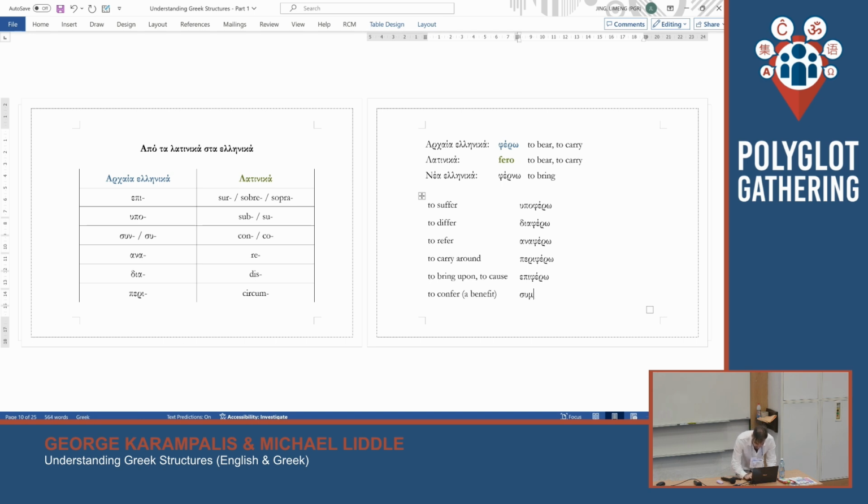Συμφέρον means to be to someone's best interest. It literally means to carry along with you something. It's a result that a thing carries along with it, and therefore you kind of benefit from it. That's why it's called to confer and to sympathize.